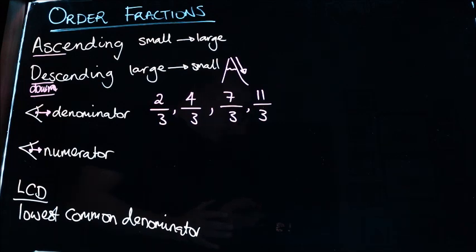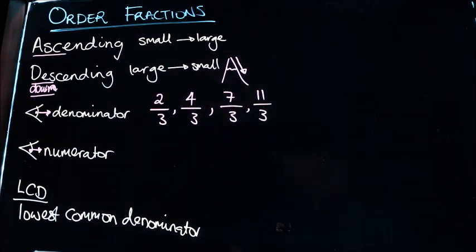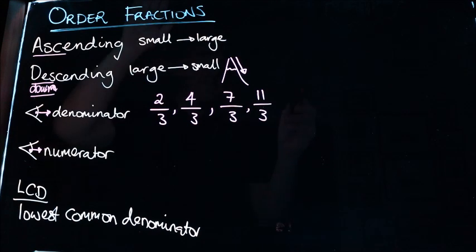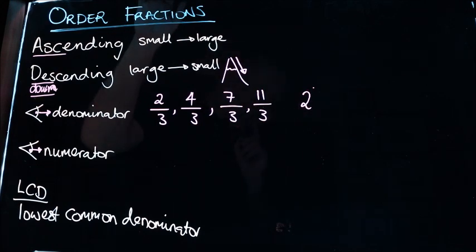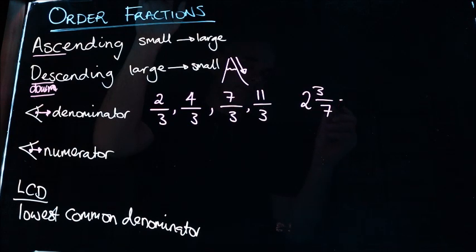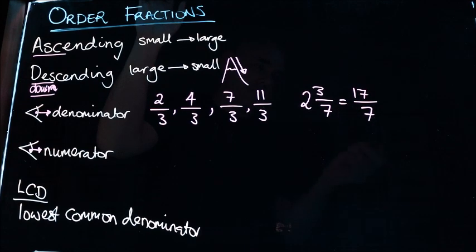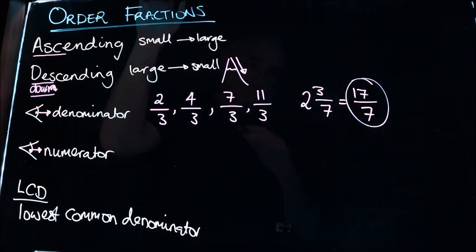So, it just might pay, for example, if you've got something like this, if you've got some mixed numbers and you've got something like this, just to do the step of converting this into say 17 on 7, and then you can go ahead and compare your lists.